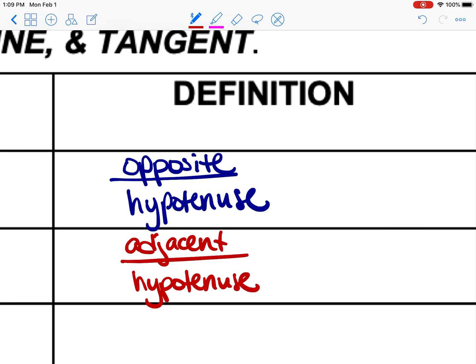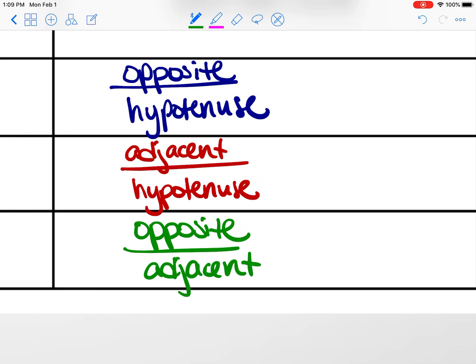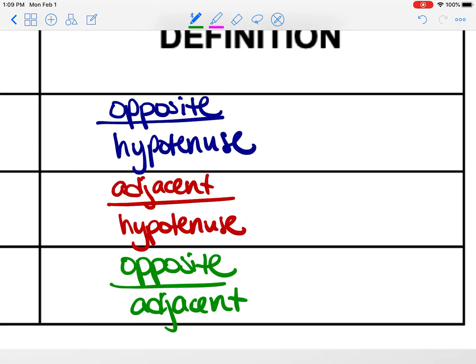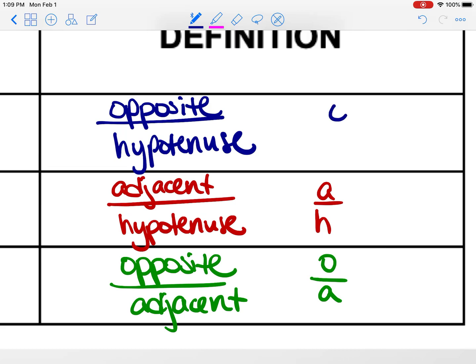Okay, we know adjacent is next to, and we'll talk about that and label it in a picture. And then tangent's definition is opposite over adjacent. And I like to abbreviate those so we can say this is O over A, and A over H, and O over H.